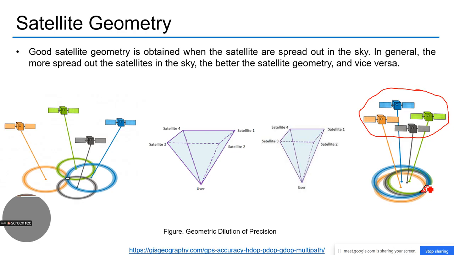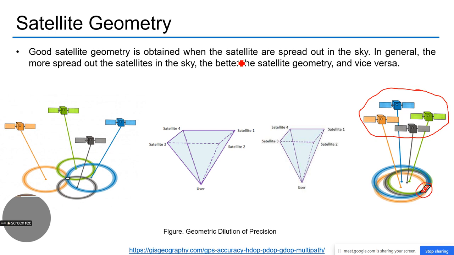So uncertainty will be very high in this case. So if the satellite spread is more, then the positioning is accurate. If it is less, then the positioning has uncertainty.